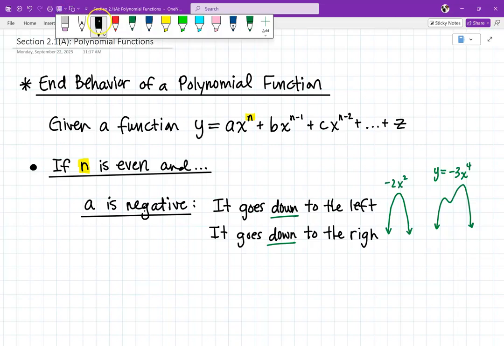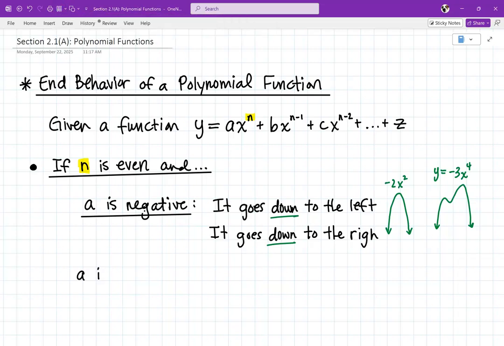Now, what if a is positive? If a is positive, then these go up. Okay, sorry about that. So it goes up to the left, it goes up to the right.